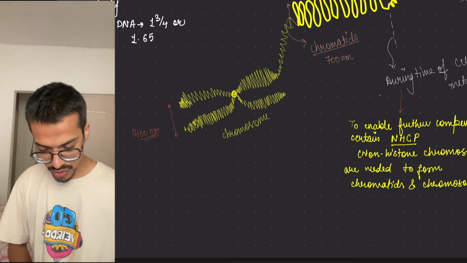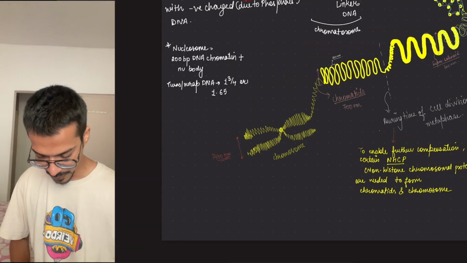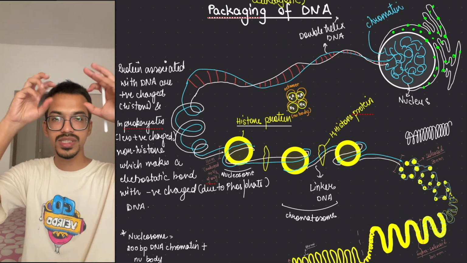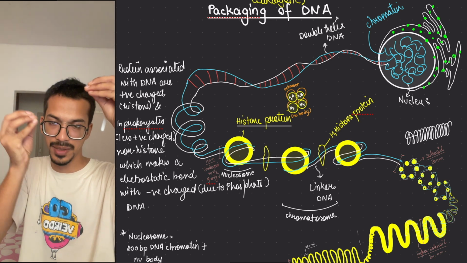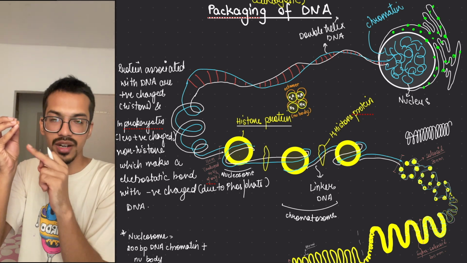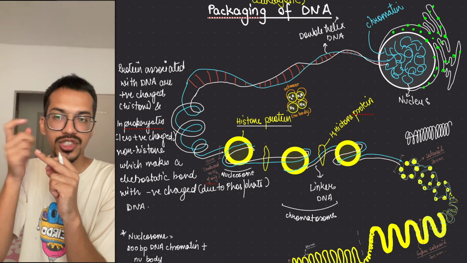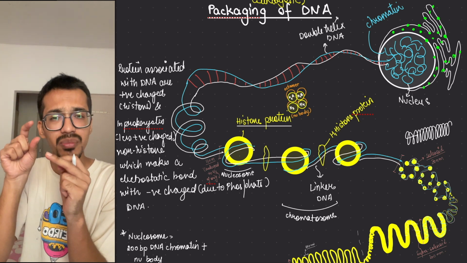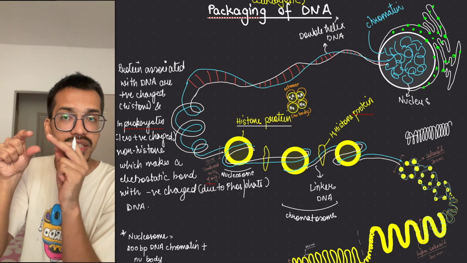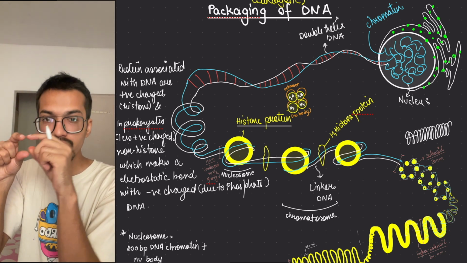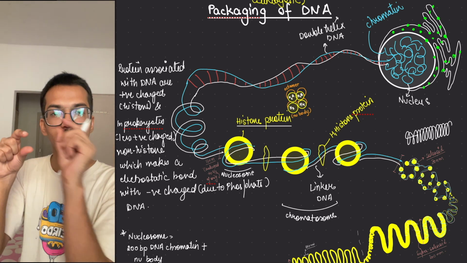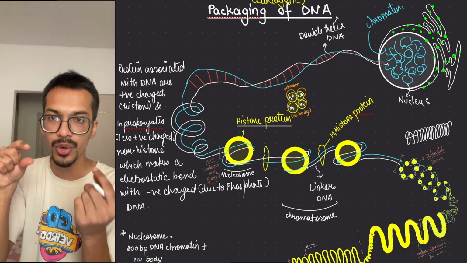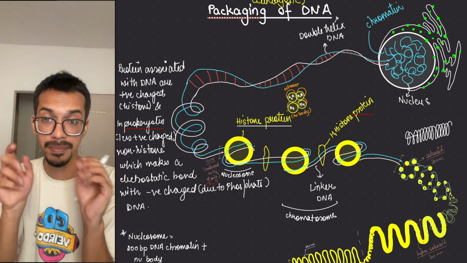Okay, so let's see this whole thing. Initially you will see the chromatin. Chromatin is DNA. DNA will first coil around a histone protein body called the nucleosome. Multiple nucleosomes join together and form a solenoid, which is 30 nanometer, further compact.